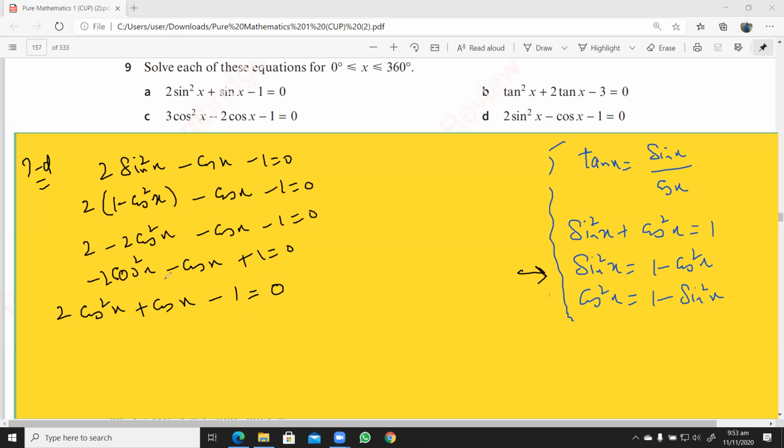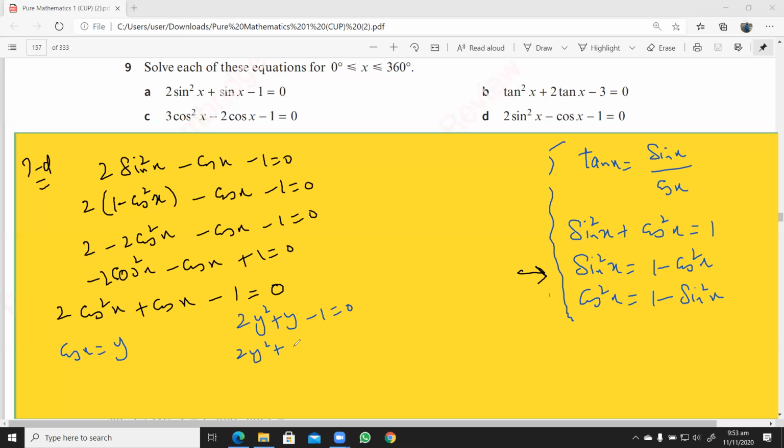Okay. So I'll say, let cos x be equal to y. So this equation is now 2y squared plus y minus 1 equal to 0. It is the same equation, right, the one from above.